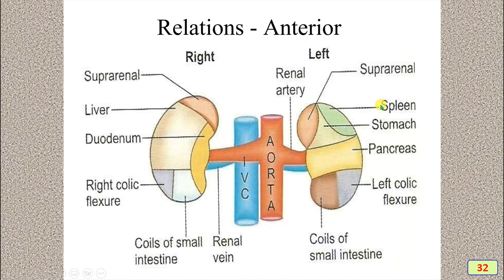This side is covered by the spleen, and the right kidney borders the liver, then the duodenum. The aorta and the vena cava supply the renal artery and renal vein respectively.